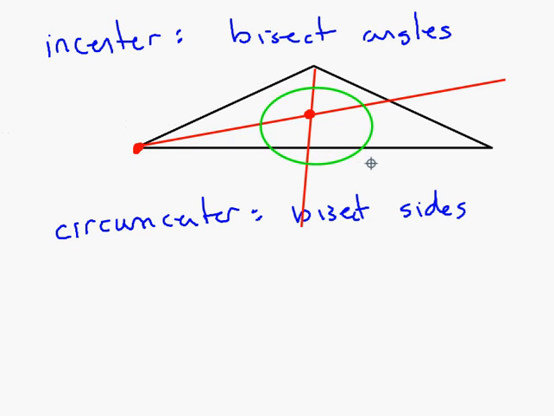Now, the incenter is going to have several properties. So I have this circle, and that is now inscribed in there, if I were to draw it. Okay, notice where this circle hits. It'll hit here, it'll hit here, and it'll hit down here. Okay, it hits in three spots.